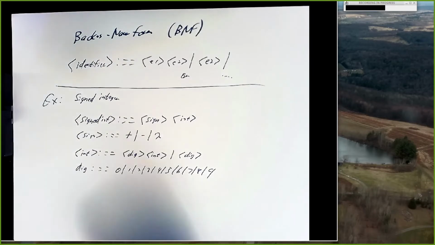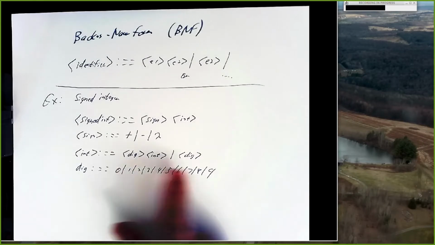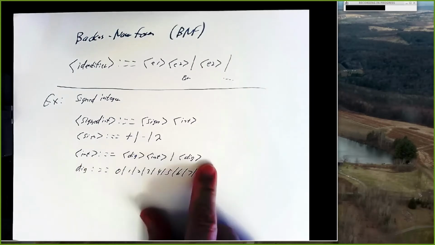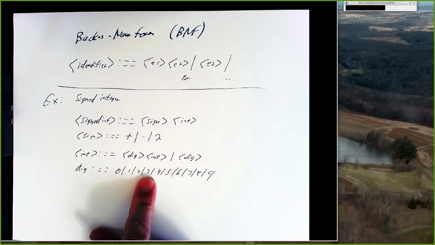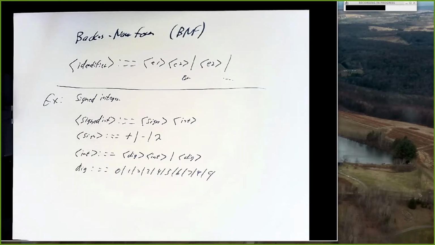And so there's a whole definition for a signed integer. And if we have a string like 23, well, that's a pair of digits. Well, a pair of digits is a digit followed by an int, because 3 is also an int, because an int can be a digit. So since an int can be a digit, 3 is an int. And since a 2 can be a digit, a 2 followed by a 3 has the form of a digit followed by an integer, so 2, 3 is also an int.